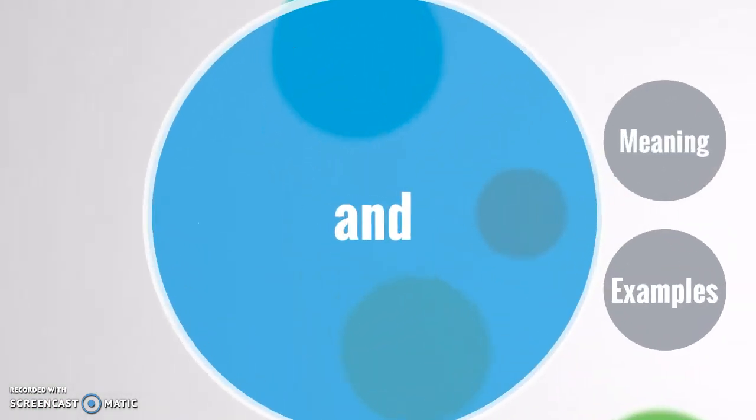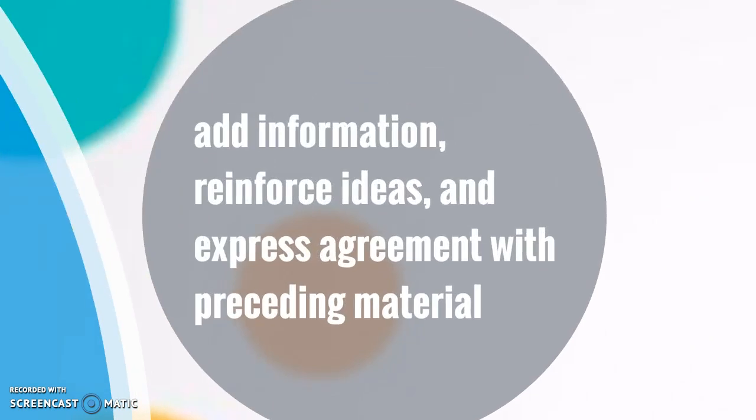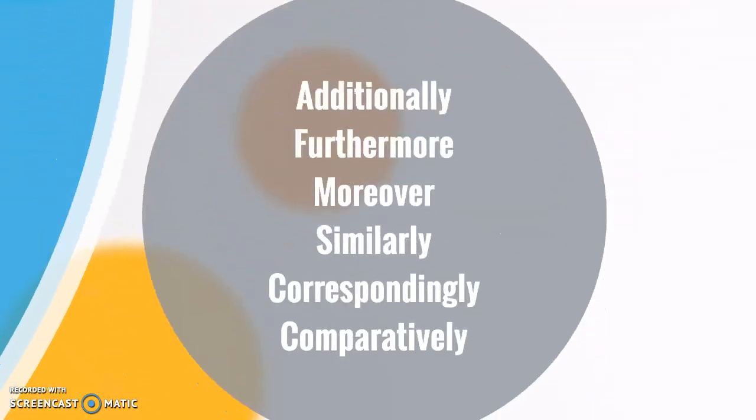So again, we will focus today on "and" and "but," because they are very, very common. So "and" is used, again, to add information, to reinforce ideas, and to express agreement with something that was previously stated or written. This is probably one of the most important slides of this workshop.